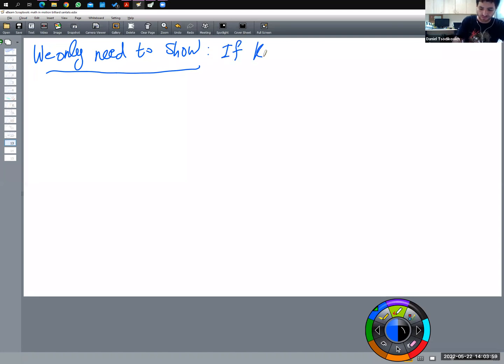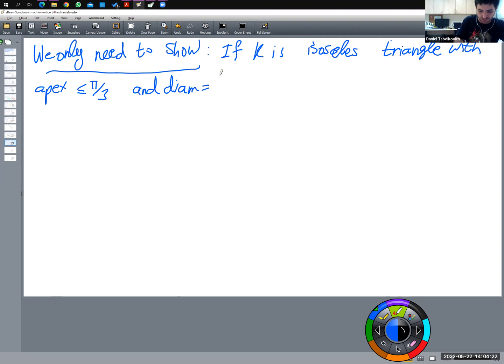So if K is an isosceles triangle with apex at most pi over 3 and diameter 1, and if the apex is the smallest angle, then the diameter are the legs of K.